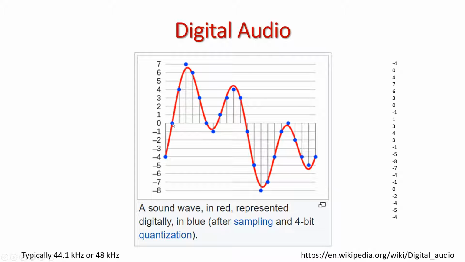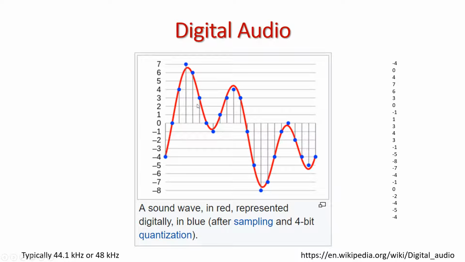And each sample is then digitized, turned into a positive or negative number, either an integer or floating point value, depending on the digital format. It's going to be rounded depending on the number of bits we use per sample. This is an extreme value here where we only use 4 bits per sample.